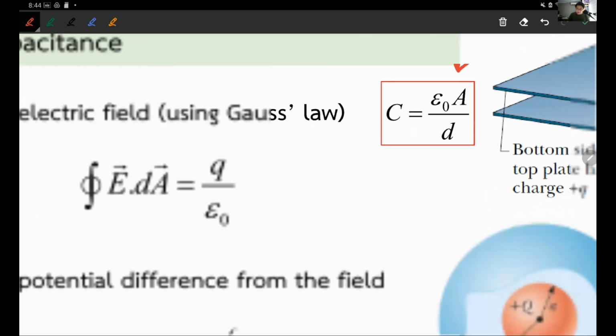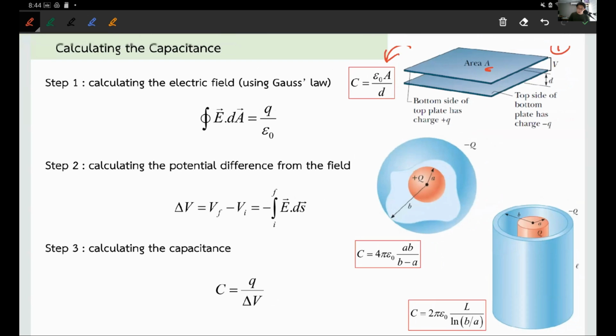And number 2, if your parallel plate has been wrapped around and formed a spherical shape, you can think of this as still a parallel plate, but turned into a sphere in 3D. But of course, there's still one positive and one negative. It still keeps the concept of one side positive, the other side negative. If you have the spherical shaped capacitor, then the capacitance can be calculated through this formula.